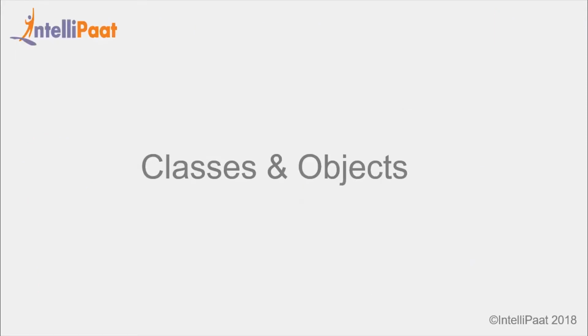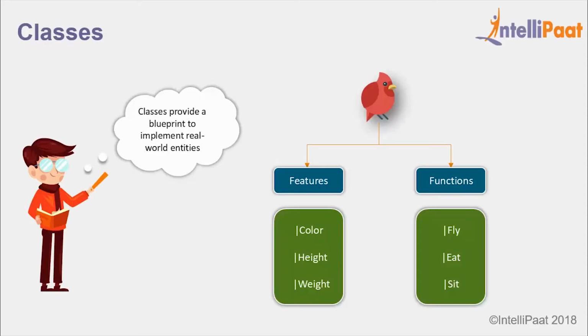Now that we've understood what exactly is object-oriented programming, let's go ahead and understand what are classes and objects. So simply put, a class provides a blueprint to implement real-world entities. So a class in general has data and functions. And data is nothing but features of the object, and functions are nothing but the actions performed by the object.